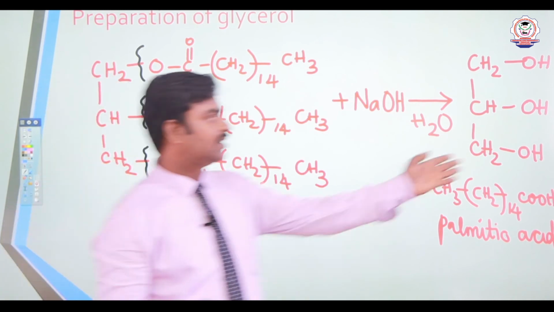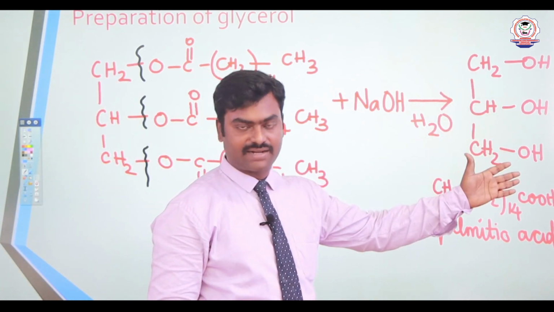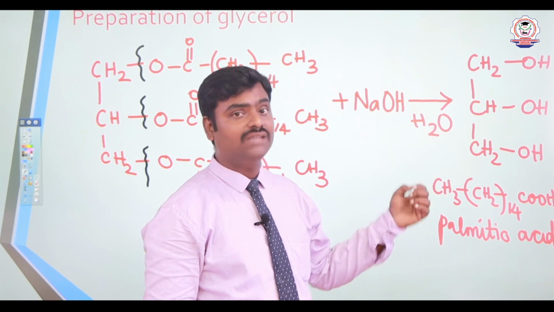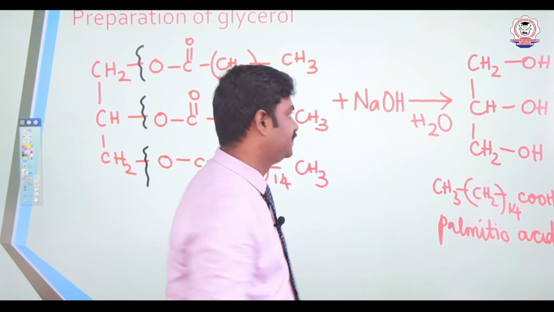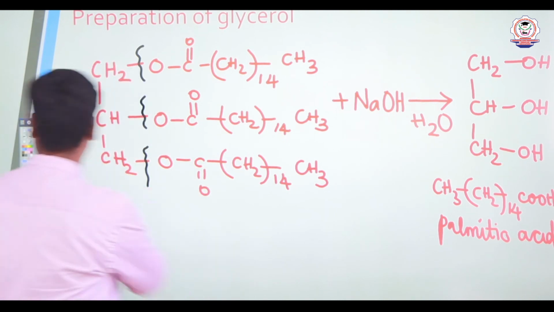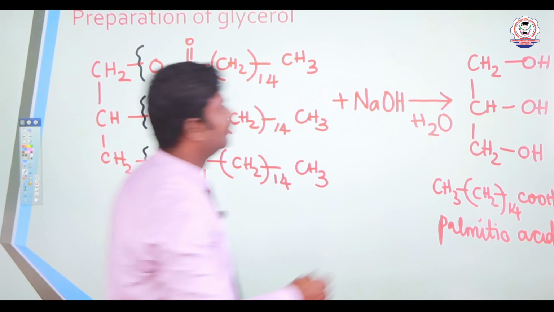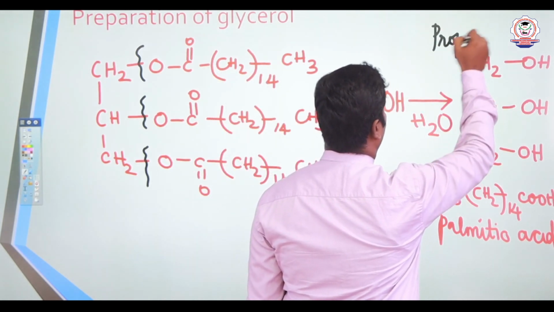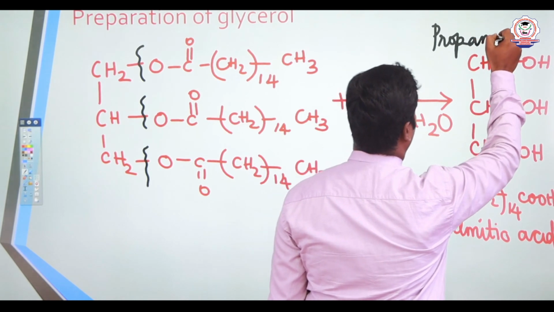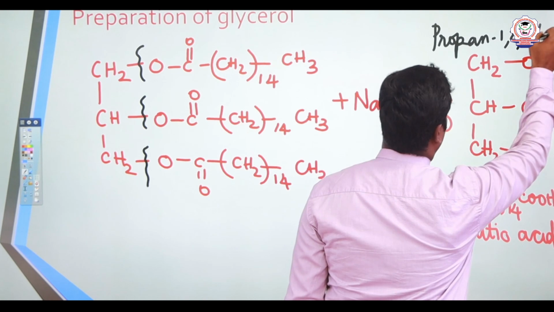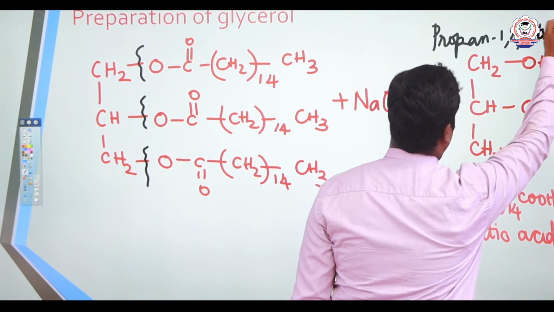The compound we are seeing as a triol is known as glycerol, or propane 1,2,3-triol. I'll write the name: propane 1,2,3-triol.